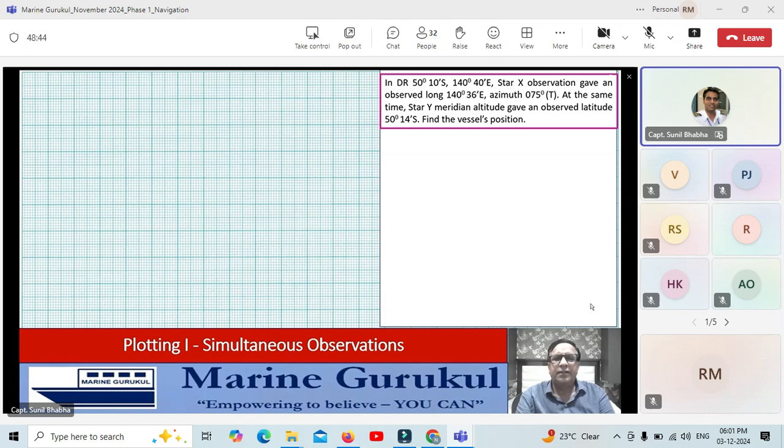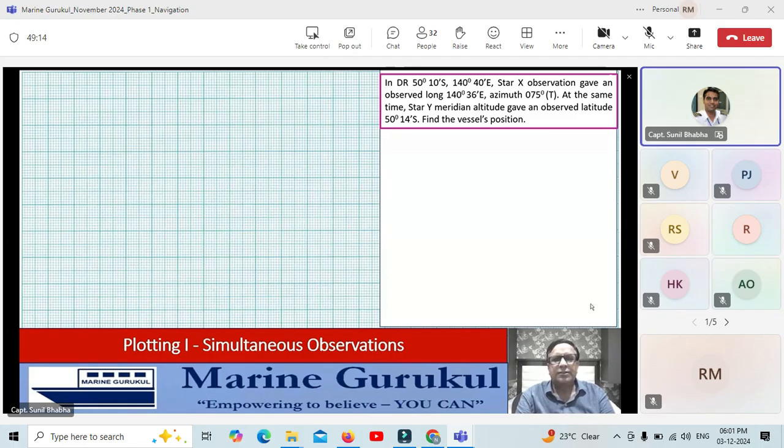Now, before we proceed any further, it's important to identify the methods deployed for solving the sights of star X and star Y. I'm sure we can all figure out that star X has been solved using longitude by chronometer, and in such case, the PL shall be drawn through DR lat and observed long. Direction of the PL perpendicular to azimuth.